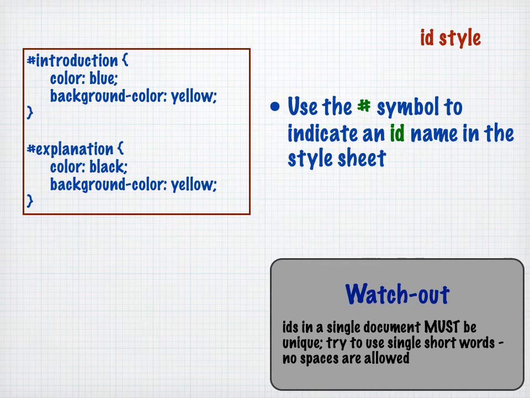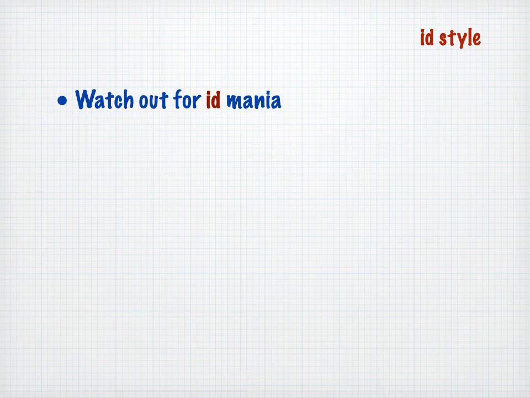And bear in mind, the important thing to remember here is that ids should be unique. You shouldn't be reusing id names. You need to make up new id names when you're inside your HTML document. One of the things you need to watch out for is for sort of id mania.